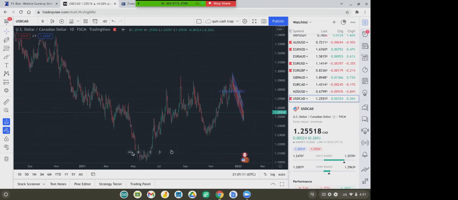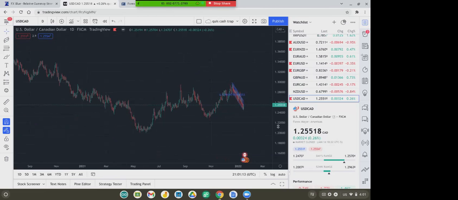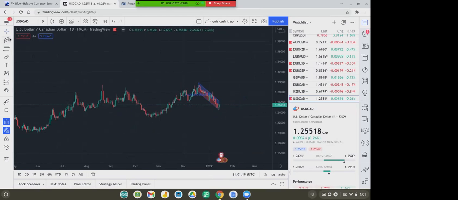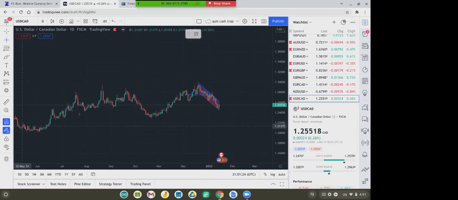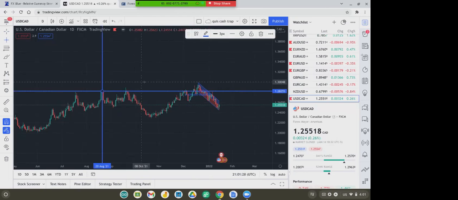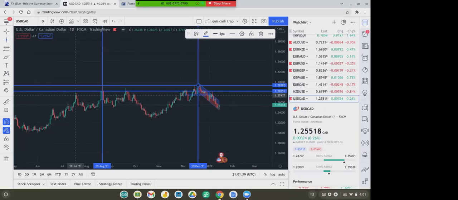So on daily, some supports and resistances are, let me see, right here, right here, there, right?